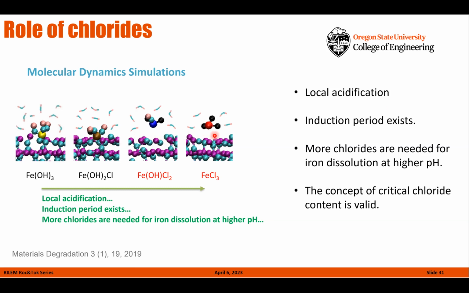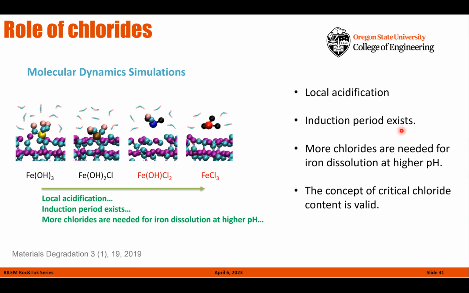So if you have more OH, you would need more chlorides to do this kind of damage and create the vacancies. That, in a way, explains why higher pH environments create passive films that will depassivate later or require more chlorides to do that.